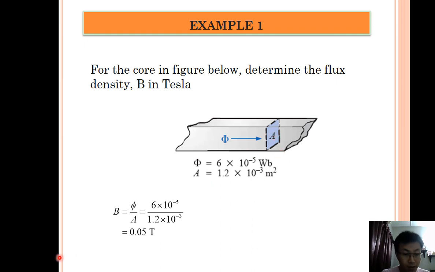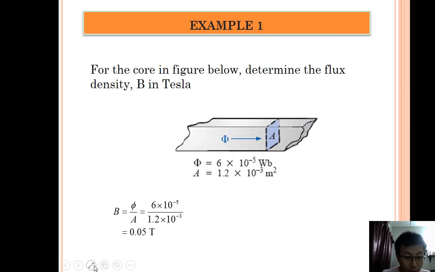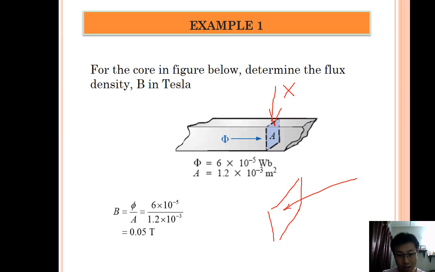The flux line cannot cross like this. This is wrong. It must cross at 90 degrees.